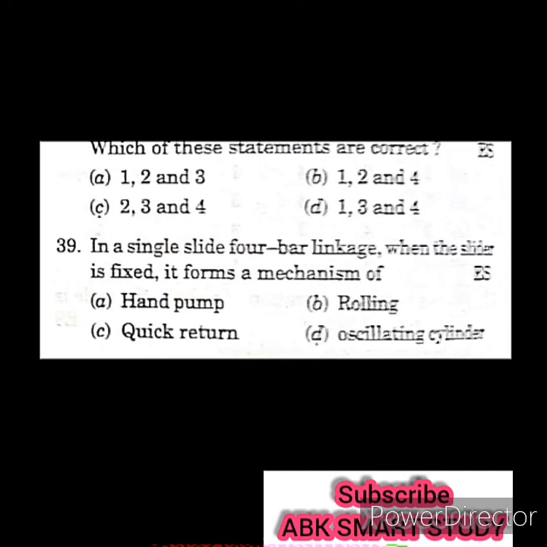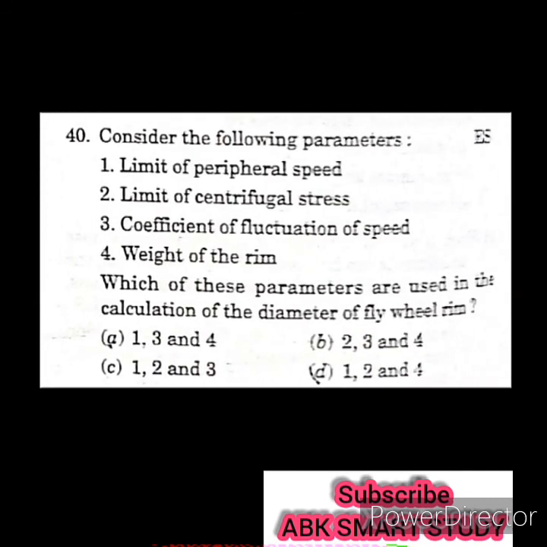Next question, and this is the last question of today's video. Consider the following parameters: limit of peripheral speed, limit of centrifugal stress, coefficient of fluctuation of speed, and weight of the rim. Which of these parameters are used in the calculation of the diameter of flywheel rim?